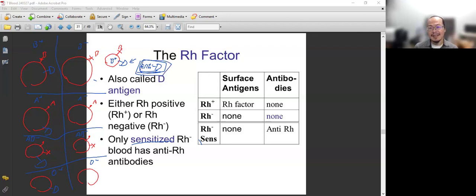And then in that situation, the body will build up the anti-RH antibody. And then the next time, if she is pregnant, she will have the capability to recognize this blood and to react to it. So that is the situation. All right. So that's the RH factor.